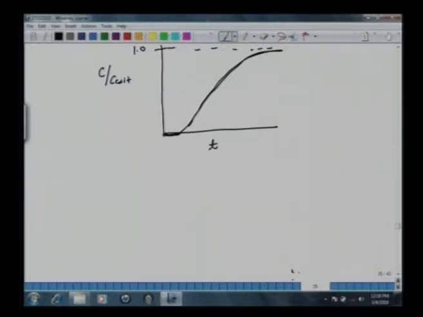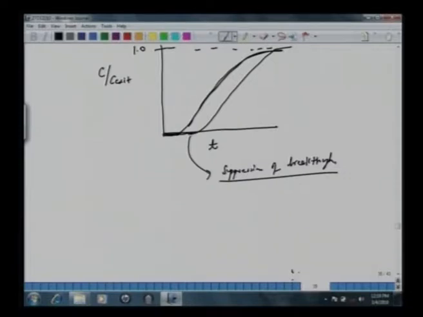In other words, you will like to develop an adsorbent which, for the same conditions, will increase this time here. So this is called suppression of breakthrough. So from the industrial point of view, one has to optimize operating conditions, or one has to choose superior performance adsorbents, which will increase the breakthrough time from here to here. So it's a suppression of breakthrough.